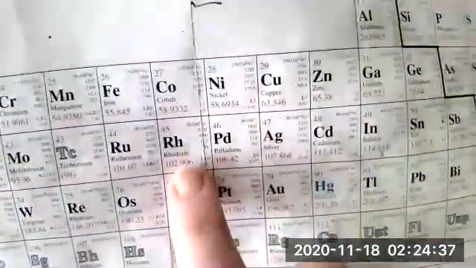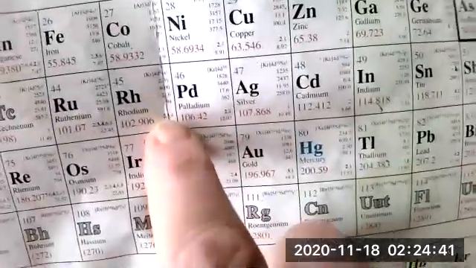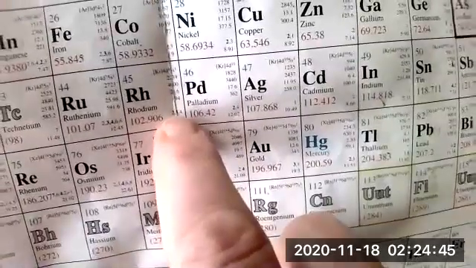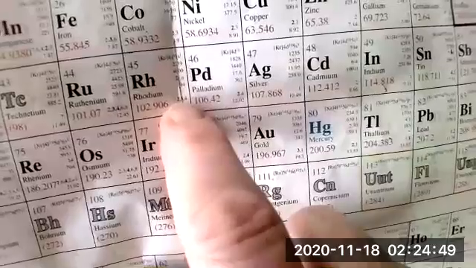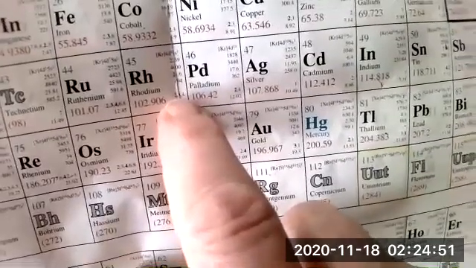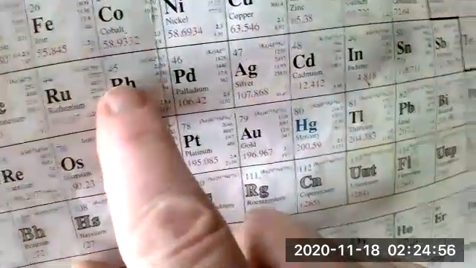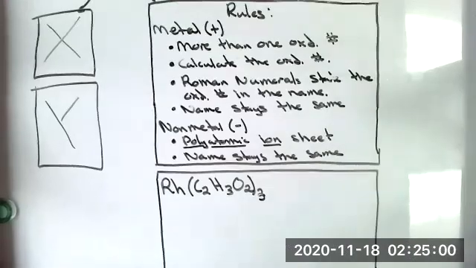Hey, Mr. Rhodium, Rh, right in the middle of the table, how many possible oxidation numbers do you have? You've got 3. And that sucks. That spells trouble. That requires a lot of work from you to find out which one of these 3 rhodium is using when he's combined with 3 of these.